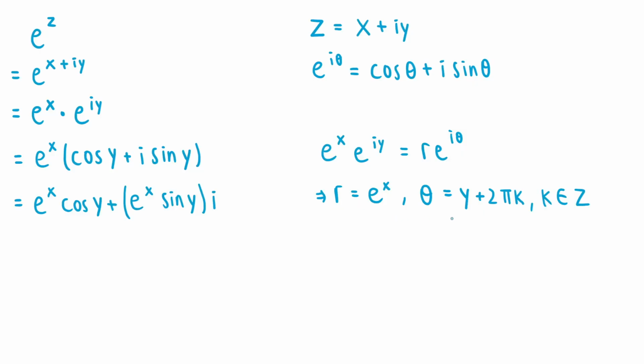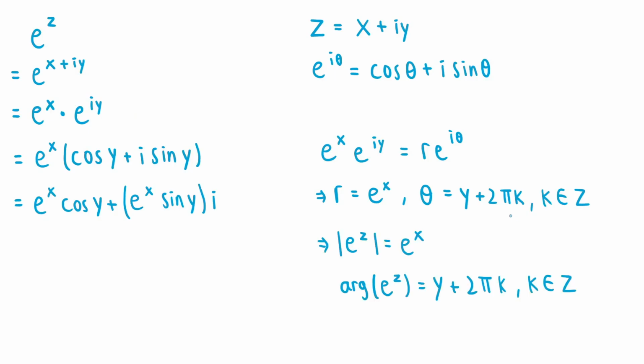So theta equals y plus 2 pi k for all integer values of k. This is because a difference of any integer multiple of 2 pi in radians doesn't change the angle on the complex plane, since 2 pi represents a full circle in radians. So this means the absolute value of e to the z is e to the x, given that z equals x plus iy, and the argument is y plus 2 pi k for all integer values of k.